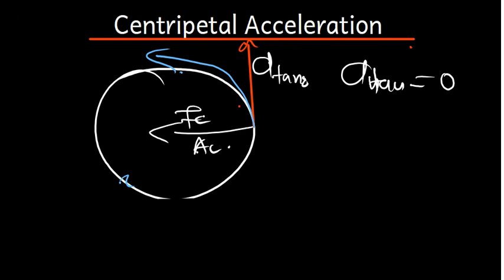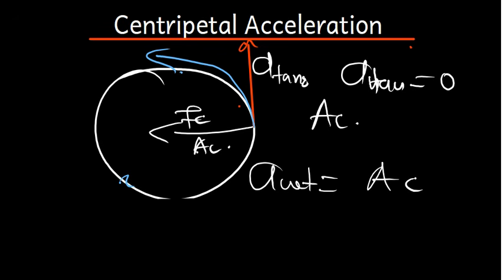But as long as the object is moving around the circle, we expect to have the centripetal acceleration always, even if it is moving with a constant speed. The centripetal acceleration is going to be there. So meaning that the net acceleration is going to be only the centripetal acceleration.